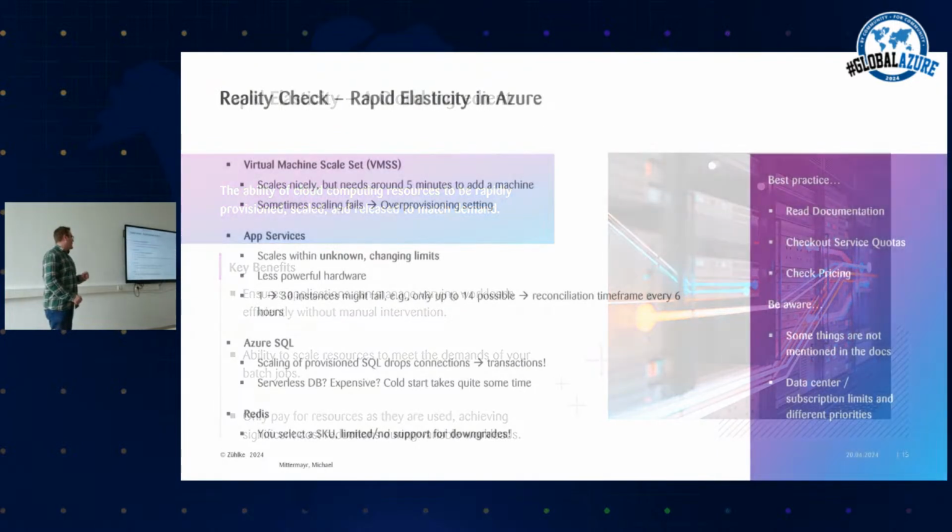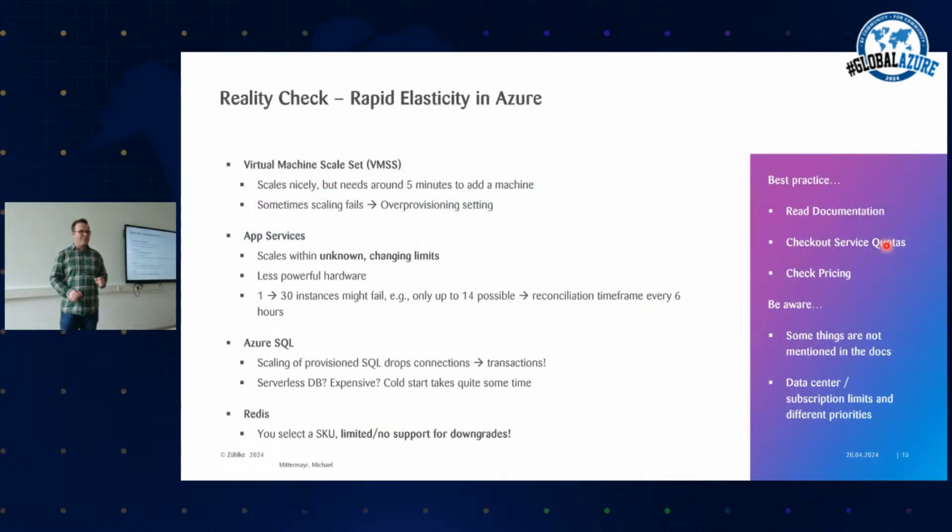So, doing a short reality check on that rapid elasticity. It works quite nicely with virtual machines. With a virtual machine scale set, you can host up to 1,000 machines in one scale set, and you get them really most of the time, or almost always.